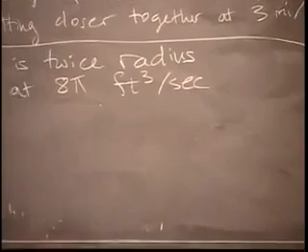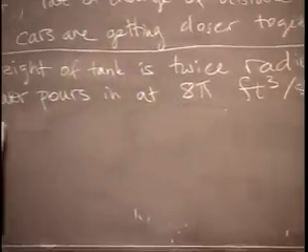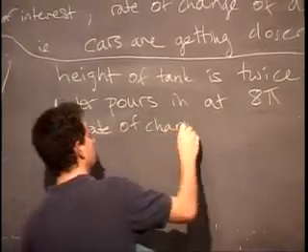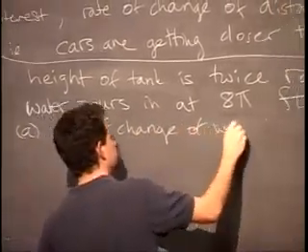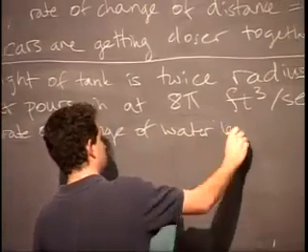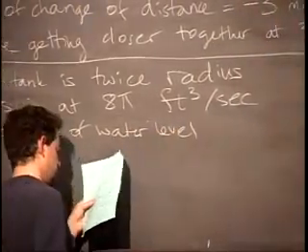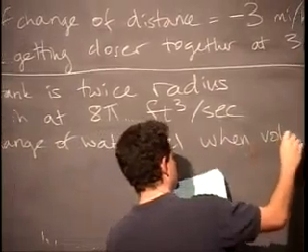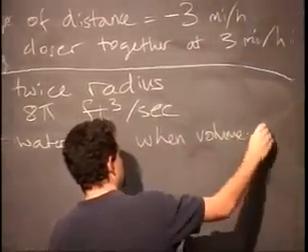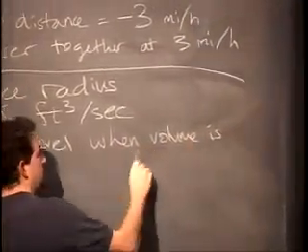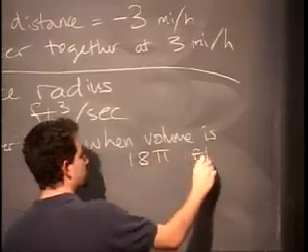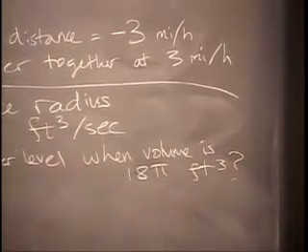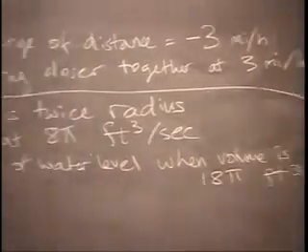And the question is, what is the rate of change of the water level when the volume of water is 18 pi cubic feet? That's part A.